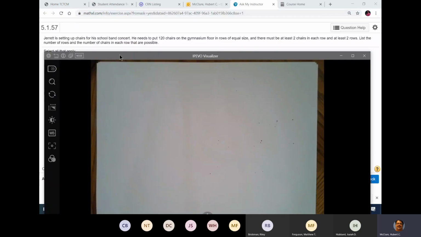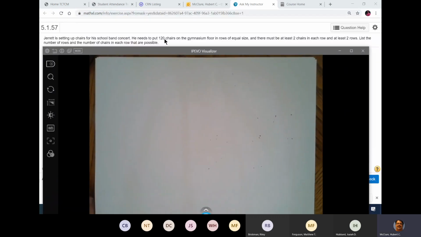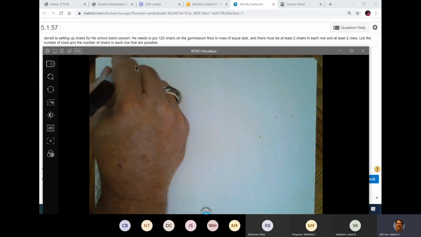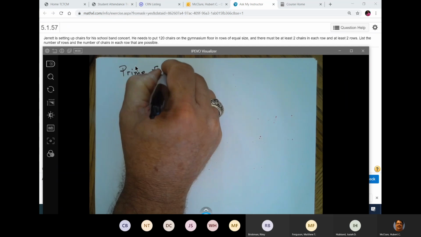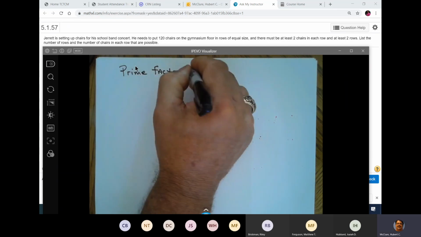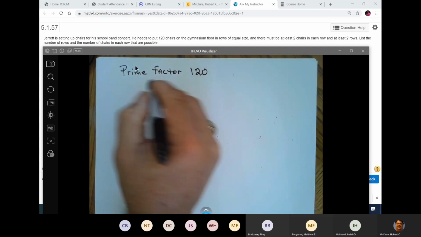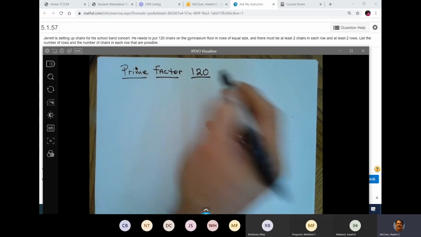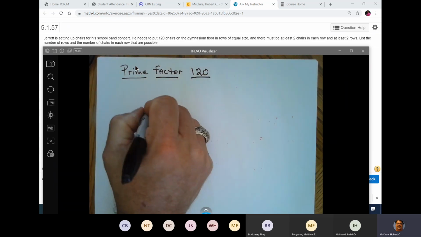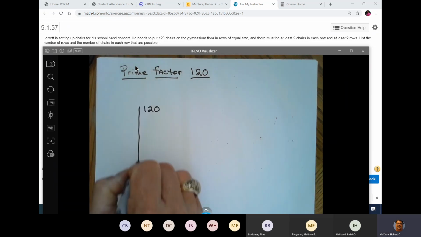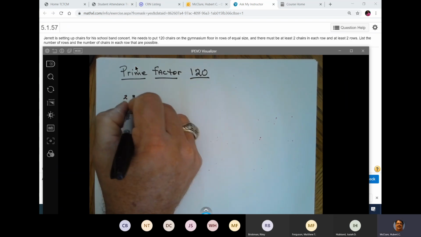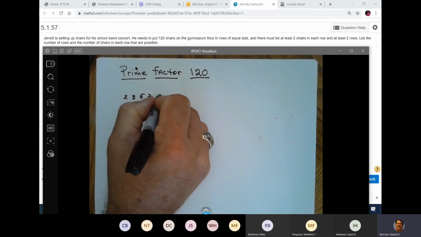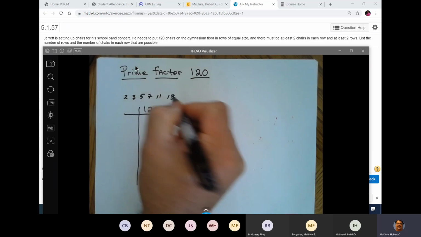We write 120 right here, and we're going to prime factor that 120. Prime factor 120. So 120, 2, 3, 5, 7, 11, and sometimes 13.